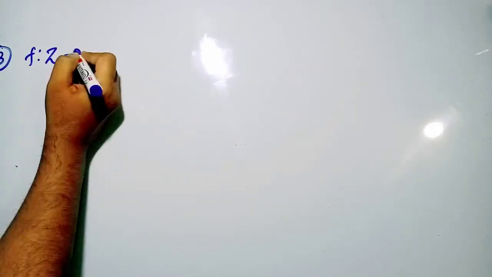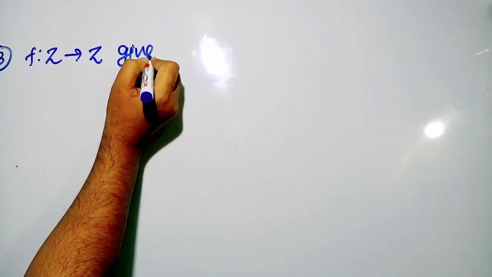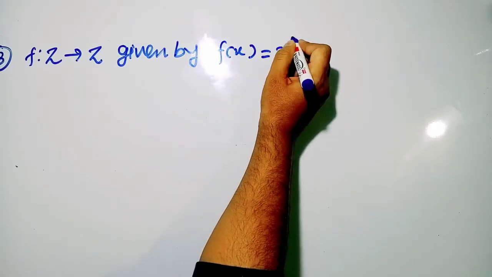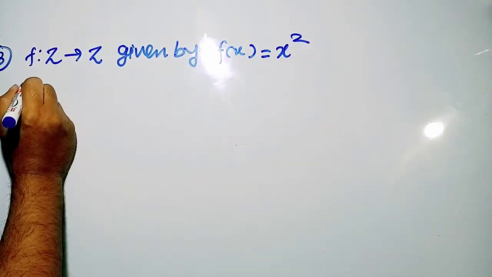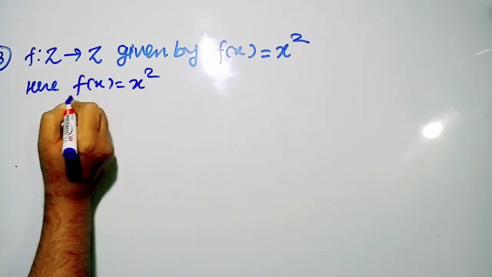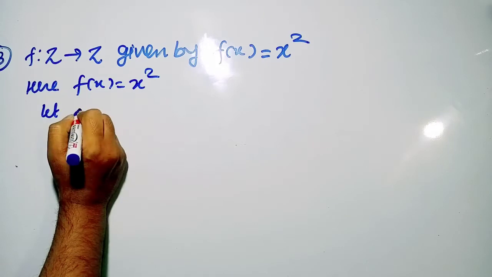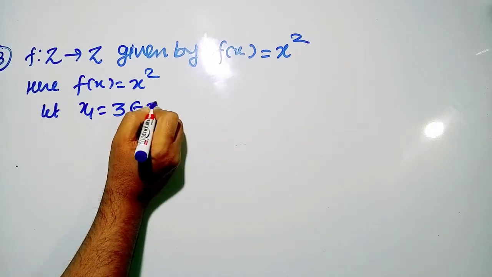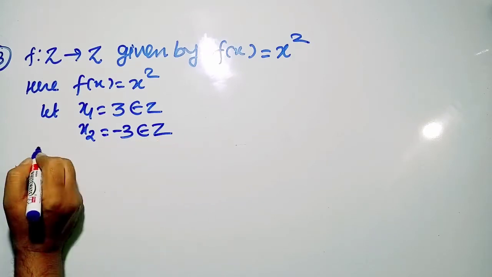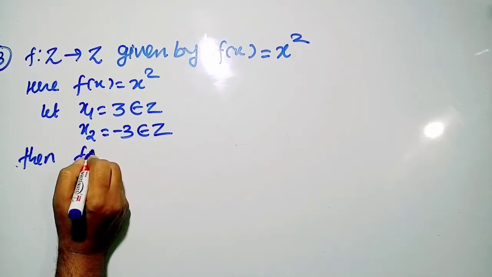Moving to question number 3. The function is defined over the integers, Z to Z, given by f(x) = x². So here we know that f(x) = x². Consider two elements x1 and x2, with x1 = 3 and x2 = -3, because students, we have taken the integers over here.